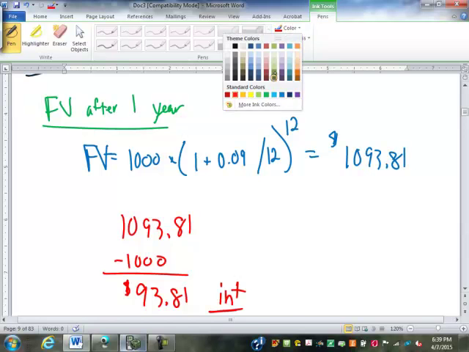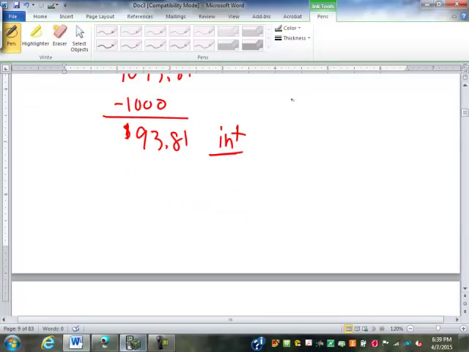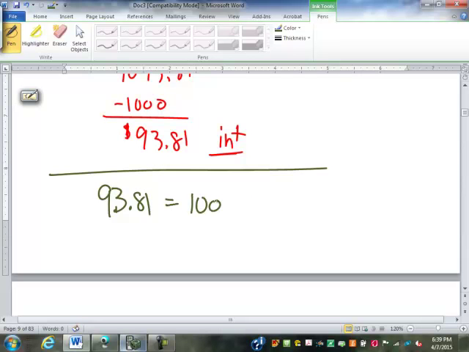What's next? Perfect. Using the simple interest formula, the interest, $93.81, equals our principal of 1,000, times our rate, times our time is 1 year.